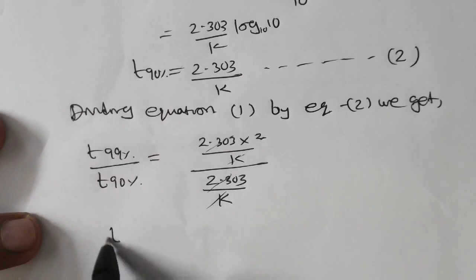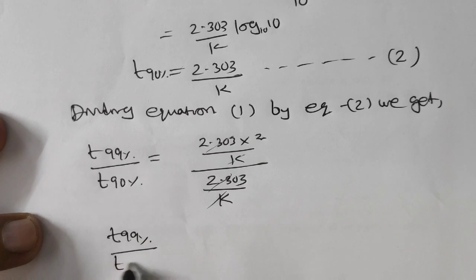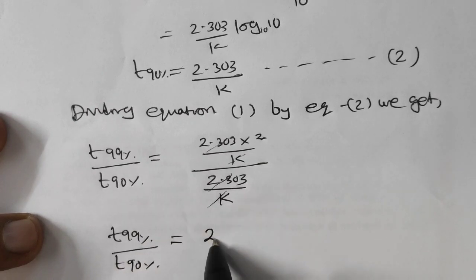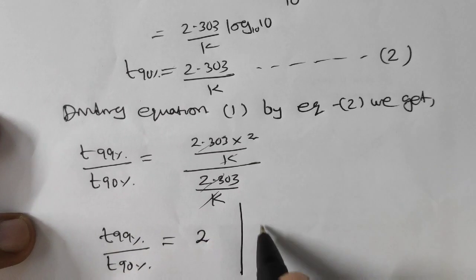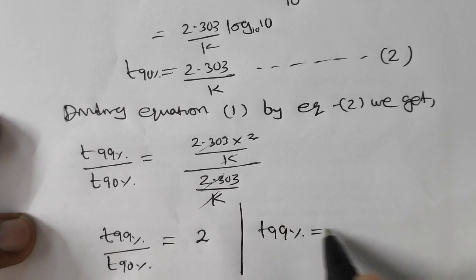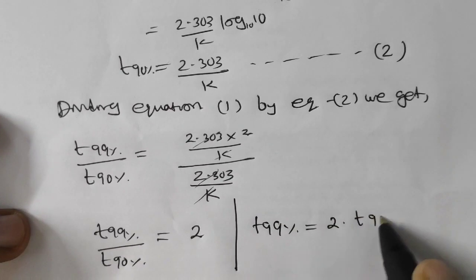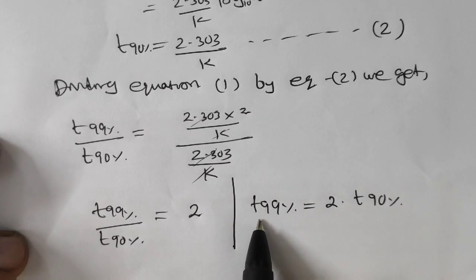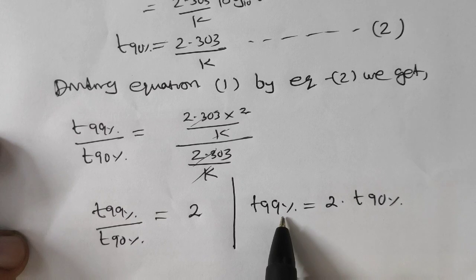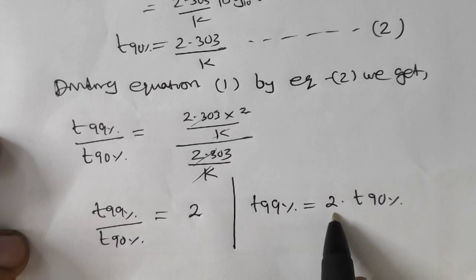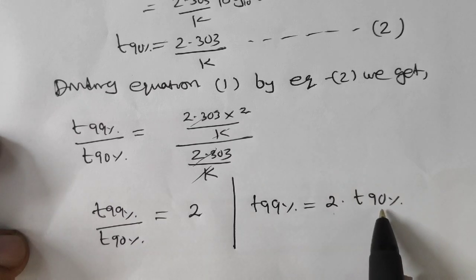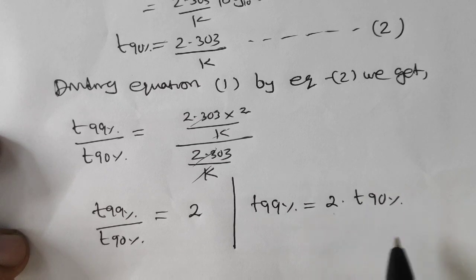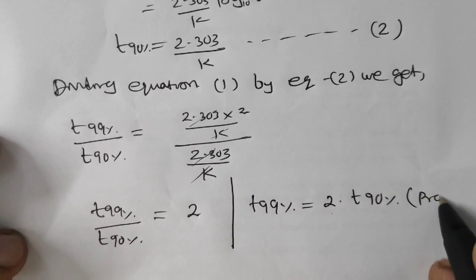So t99% by t90% is equal to 2, and we can take it to either side. So t99% is equal to 2 into t90%. From this we can make out that the time taken for 99% completion of the reaction is equal to 2 times the time taken for the completion of 90% of the reaction. Okay, so this is proved.